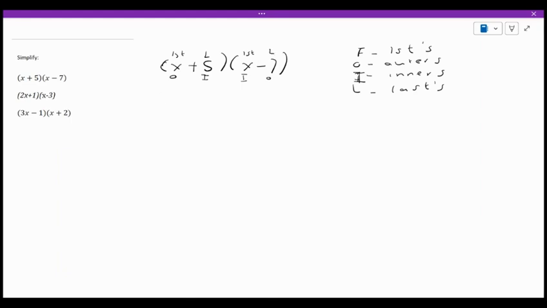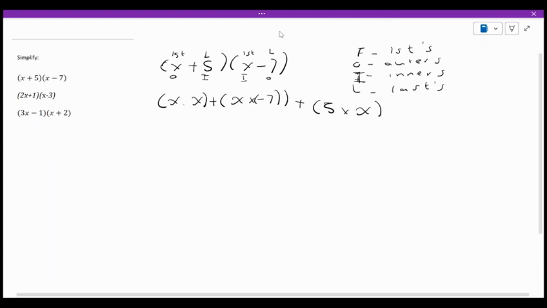So we should multiply the ones that have the same letter above or below each other. The x and the x both have the F, so it's going to be x times x, plus x times negative 7, plus, looking at the I now for inners, 5 times x.